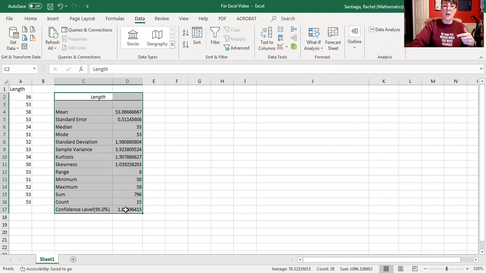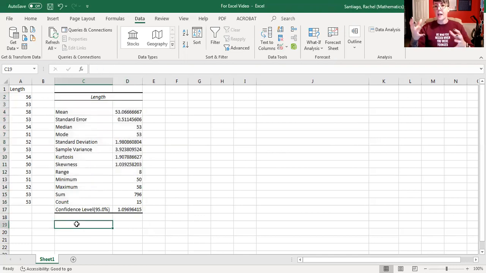We're actually subtracting this value here, represented by that confidence level of 95%. Think about taking the critical value for our z-score and then multiplying it by the standard deviation divided by the square root of n. So we're looking for that particular value, which in this case is 1.09696415, right? Very, very accurate.